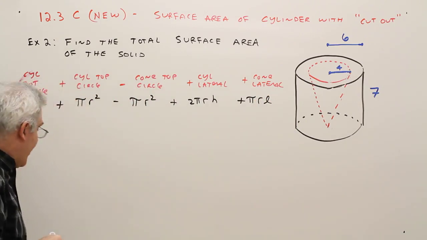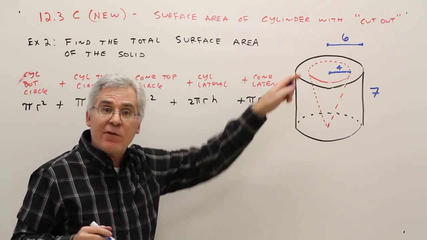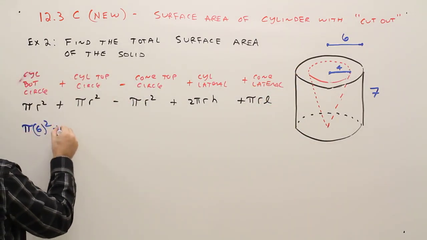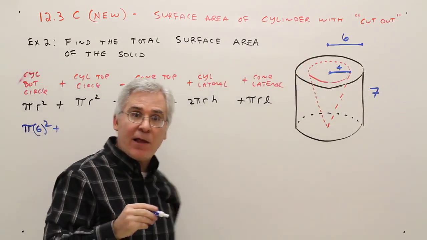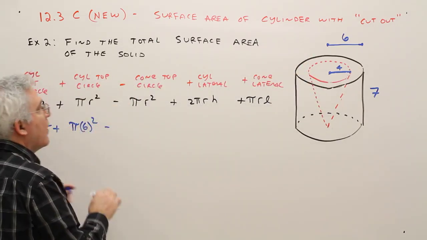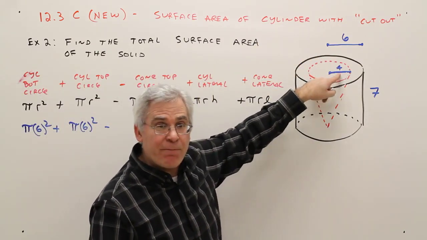All right, next, let me see if I can get some numbers. So the bottom circle has a radius of 6. So pi 6 squared. Top, same thing, pi 6 squared. That hole that's being subtracted away has a radius of 4.